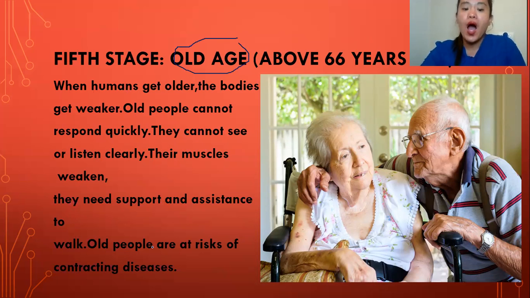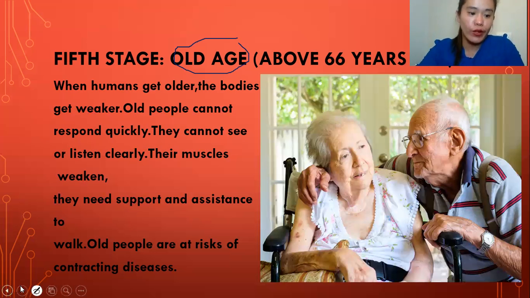Old people are at risk of contracting diseases. Why? Because their muscles weaken. All right, so their bodies get weaker too. Okay, so that is the fifth stage of the human life cycle. That is old age, above 66 years old.